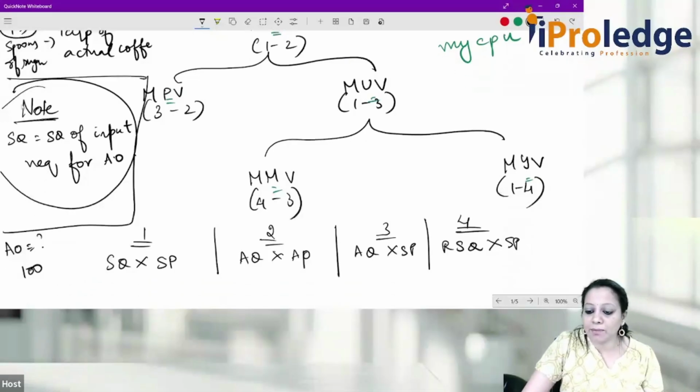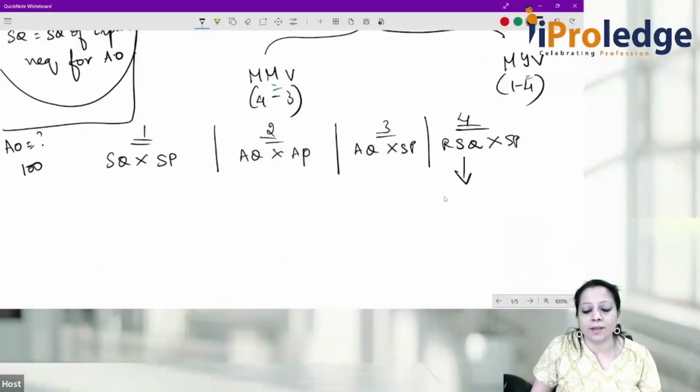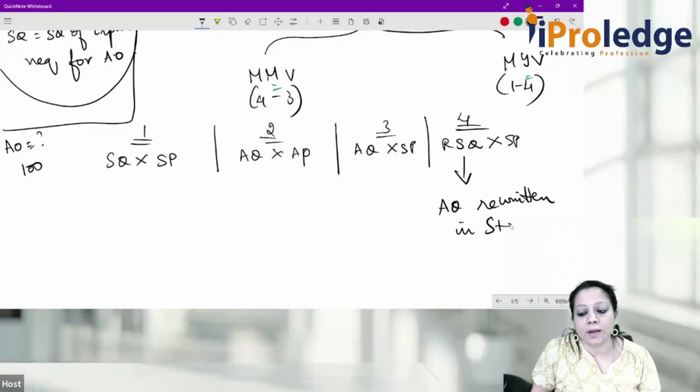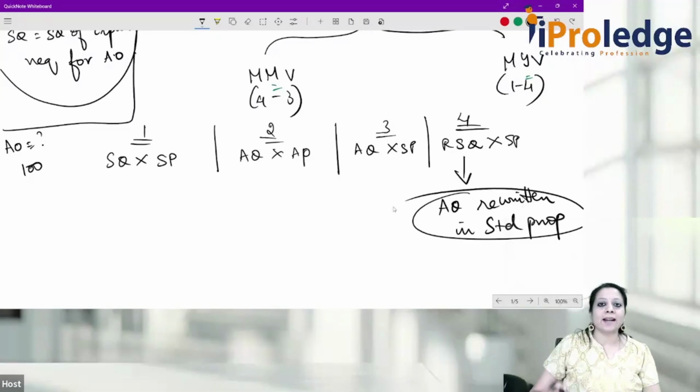All right, ma'am. Then, ma'am, what is RSQ? RSQ is nothing but actual quantity rewritten in standard proportion. That is the exact meaning of RSQ. So you add up the actual quantity and distribute it amongst the standard proportion.